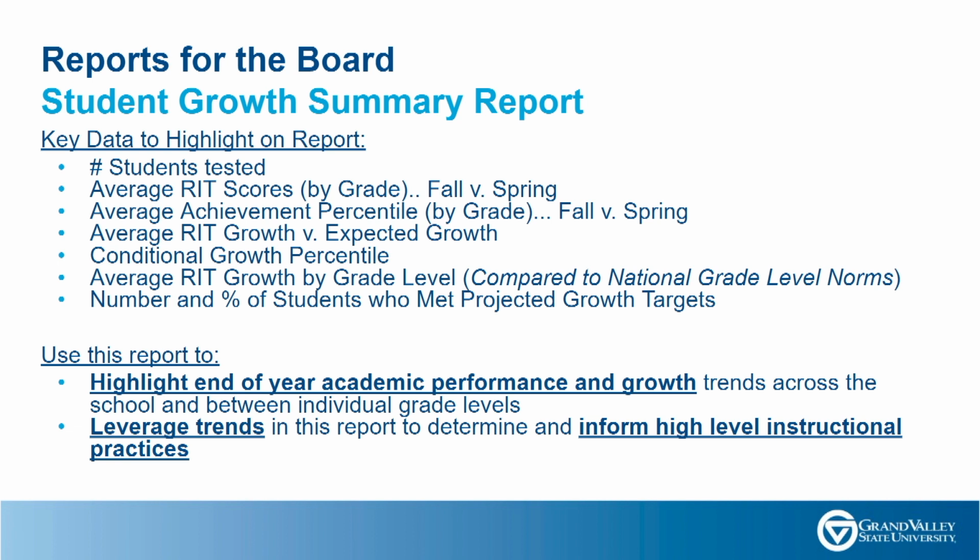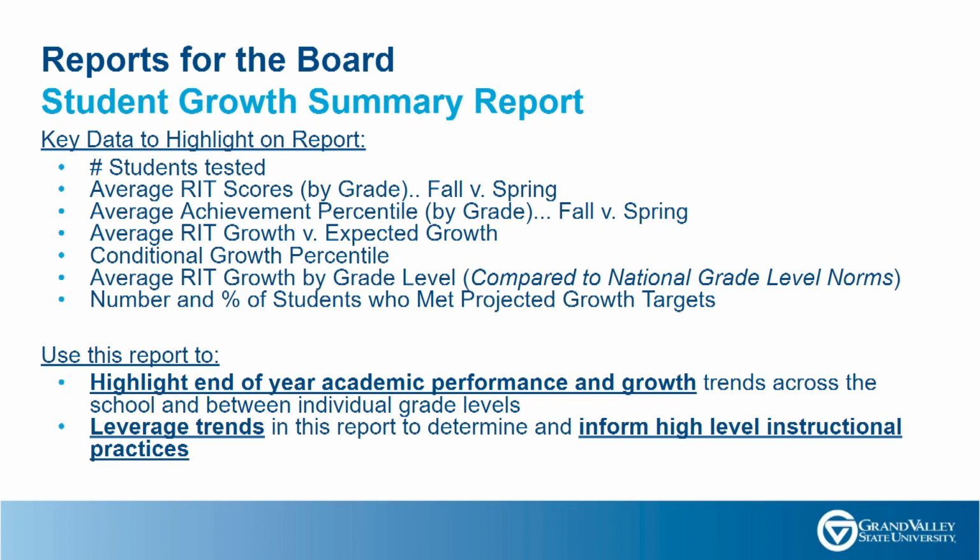The student growth summary report is a very high-level report that gives me a snapshot of instructional performance, student achievement, and growth trends for a given calendar year. In this case, we're going to be looking at the growth summary report from fall to spring.